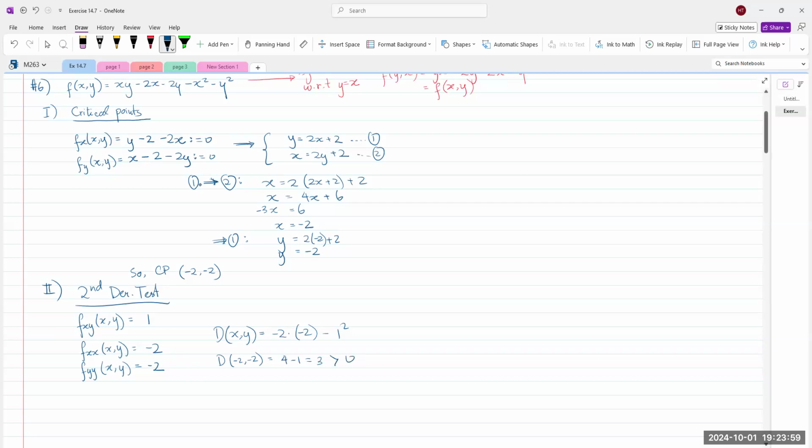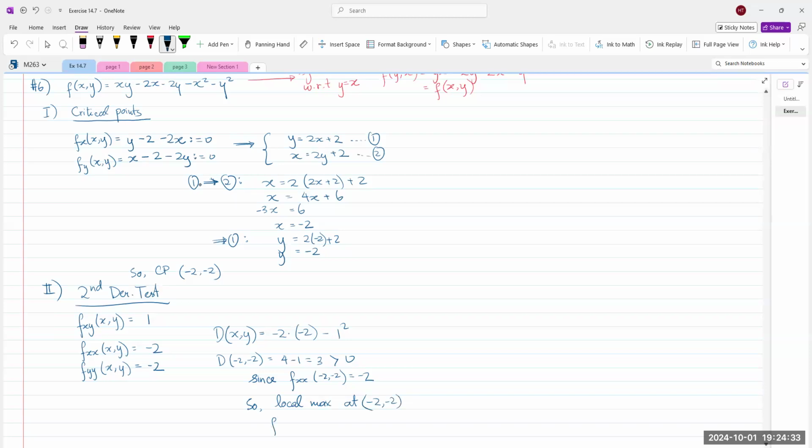That's positive, meaning we have either a local maximum or a local minimum, right? And since f sub xx at (-2, -2) is -2, we have a local max at (-2, -2).